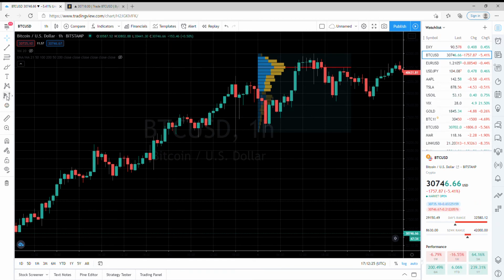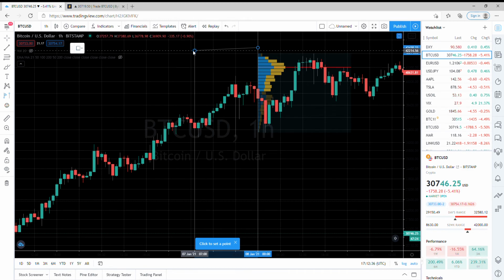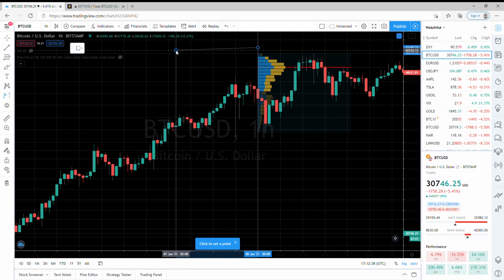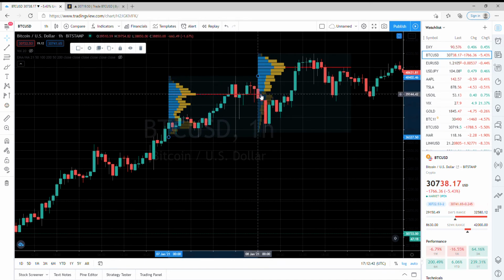So you drop another one and you mark it from the end of the session being 0 on January 8th, and you go all the way down to January 7th, and it gives you the level. Basically the price will bounce, will fluctuate between these two levels.